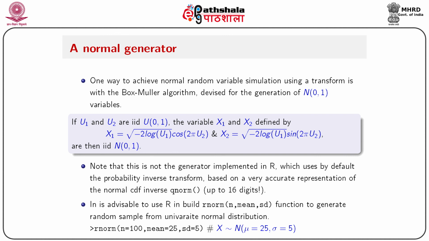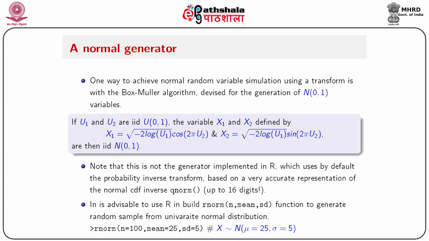Note that this is not the generator implemented in R, which by default uses the probability inverse transform method, based on a very accurate representation of the normal CDF inverse by the qnorm function, up to 16 digits.